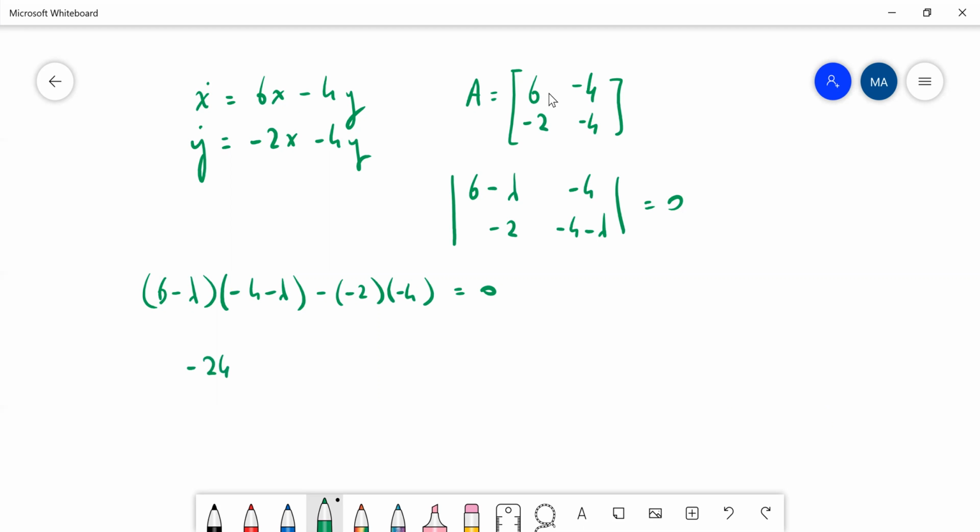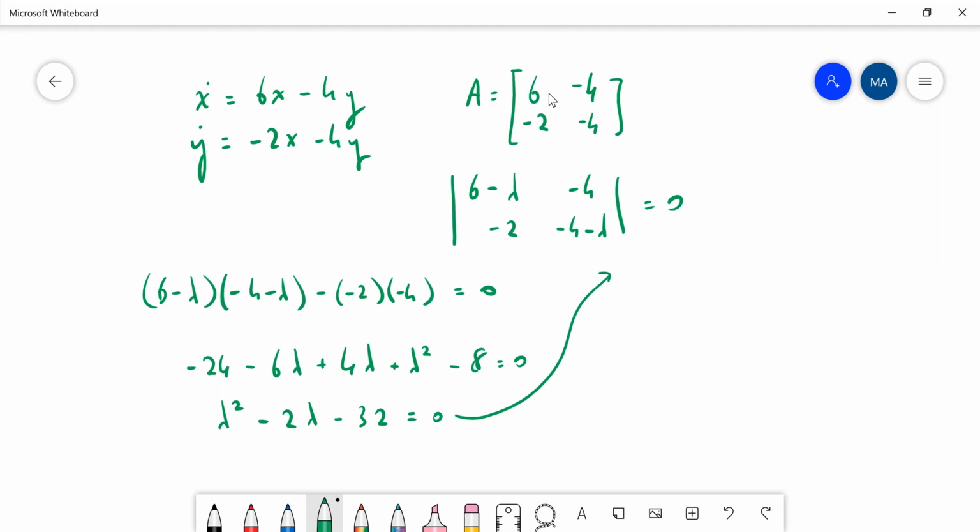Minus 24, minus 6 lambda plus 4 lambda, plus lambda squared, minus 8, equals 0. So you have lambda squared minus 2 lambda minus 32.